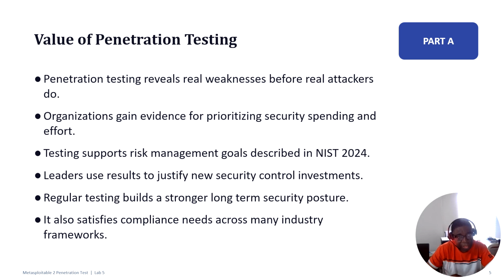This kind of testing also supports the broader risk management functions described in NIST Cybersecurity Framework 2.0, NIST 2024. Doing it regularly strengthens an organization's security posture over time, while also helping meet compliance requirements across different industry frameworks.